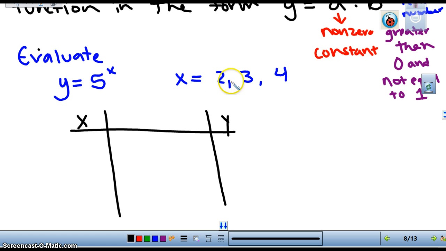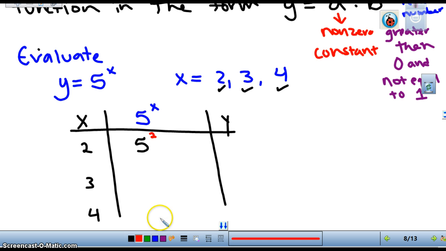The x values we're going to use are 2, 3, and 4. So what does it mean? How do we find y? You substitute the x. Okay, so 5, I substitute the x.